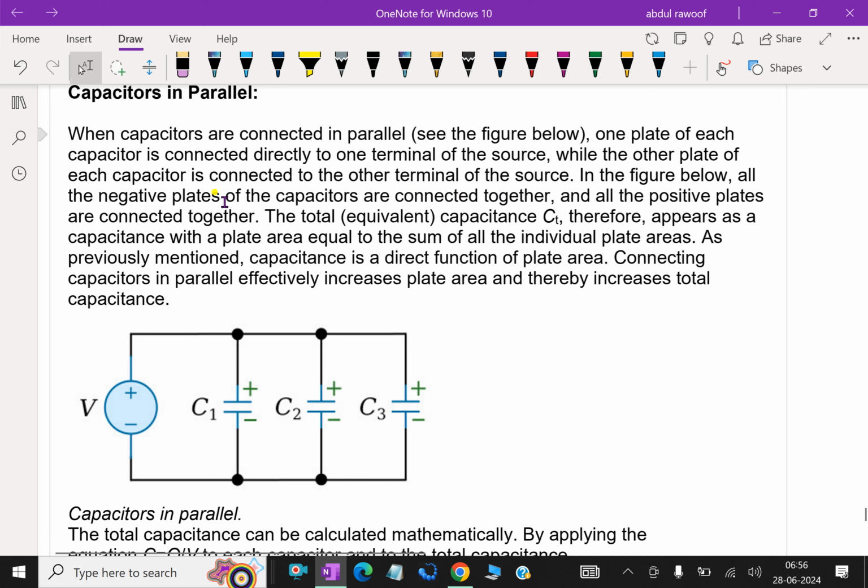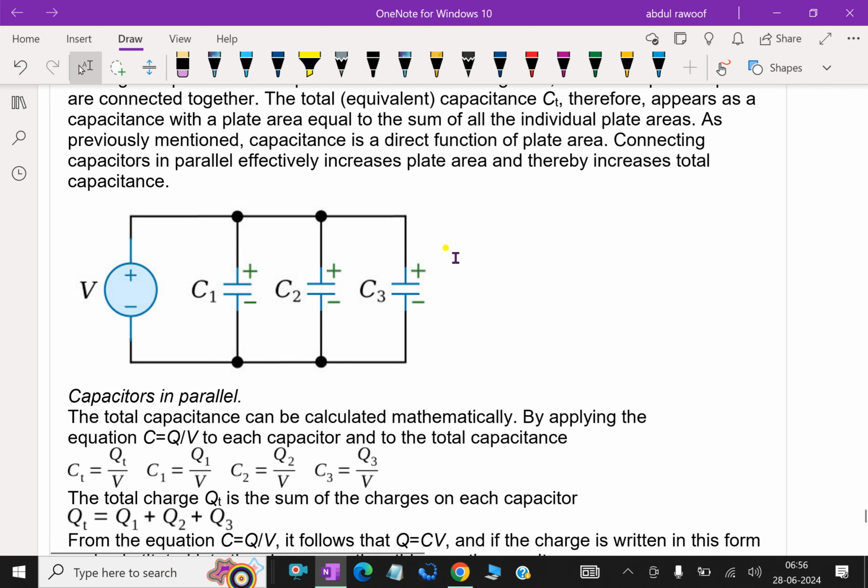In the figure below, all the negative plates of the capacitors are connected together and all positive plates are connected together, and the total equivalent capacitance CT therefore appears as a capacitance with a plate area equal to the sum of all individual plate areas. As previously mentioned, capacitance is a direct function of plate area. Connecting capacitors in parallel effectively increases plate area and thereby increases total capacitance.